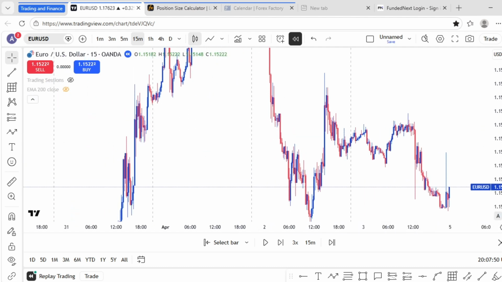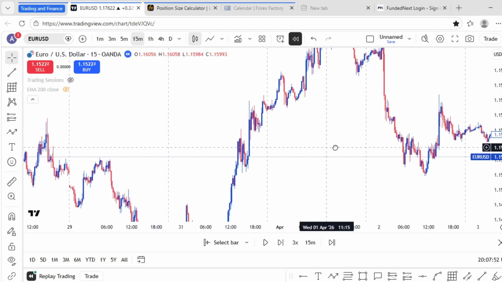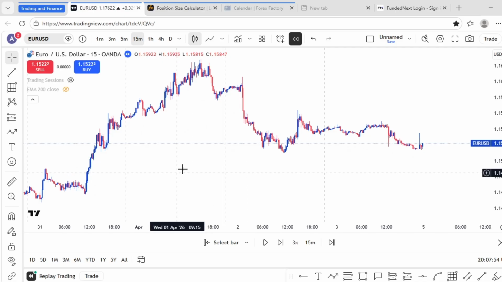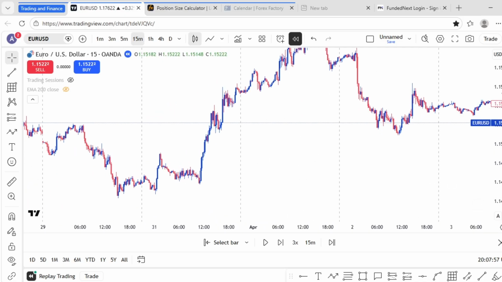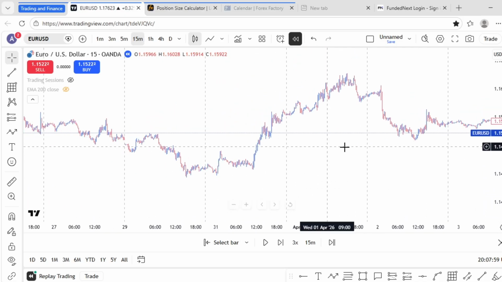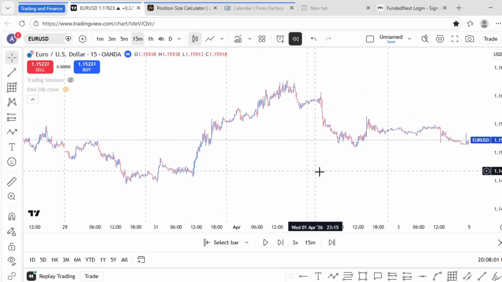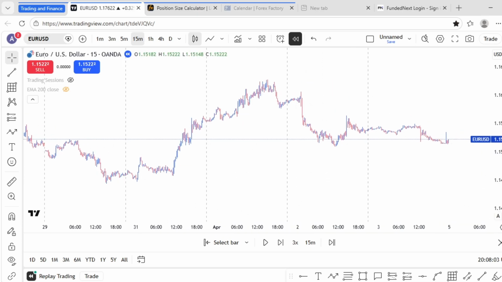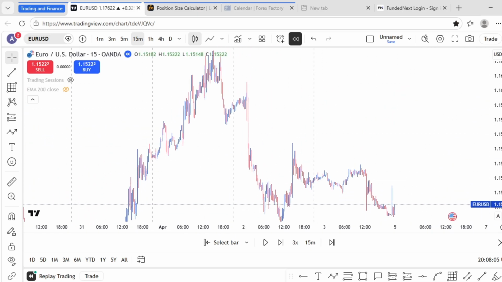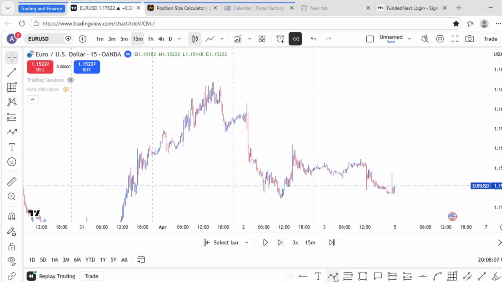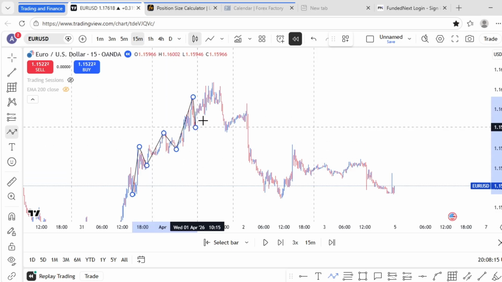As you can see, this is my chart, and from the higher time frame, the 15-minute time frame, price looks bullish. But when you look at it very well from here, price is bearish.